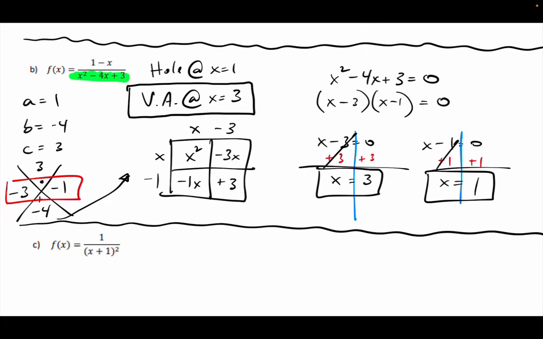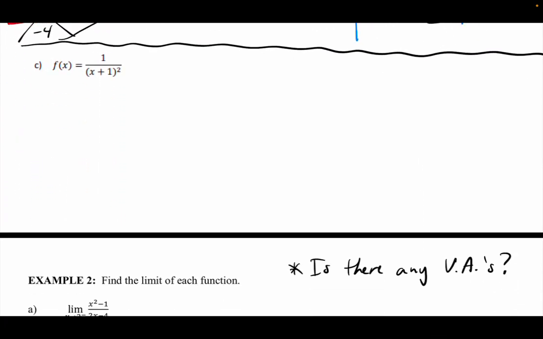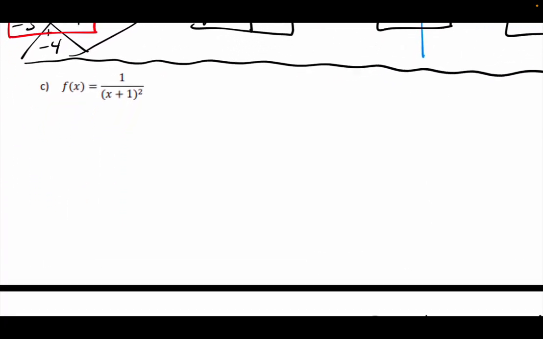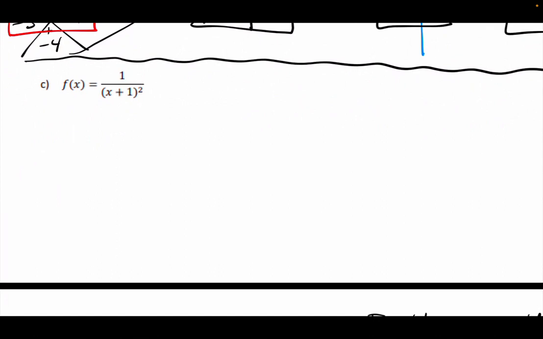Okay. All right, so let's look at letter C. Vertical asymptote, bottom. X plus 1 squared equals 0. Can we just do x plus 1 and x plus 1 because it's squared, right?